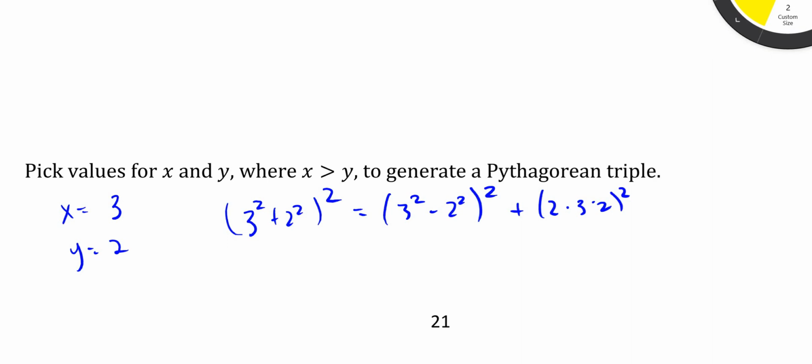Those 3 values are a Pythagorean triple. So if I do 3 squared plus 2 squared, I get 13 squared. If I do 3 squared minus 2 squared, we get 5 squared. And 2 times 3 times 2 is 12. Which tells me the triple that I got here was 5, 12, 13.